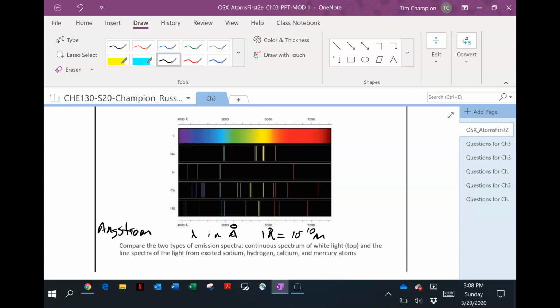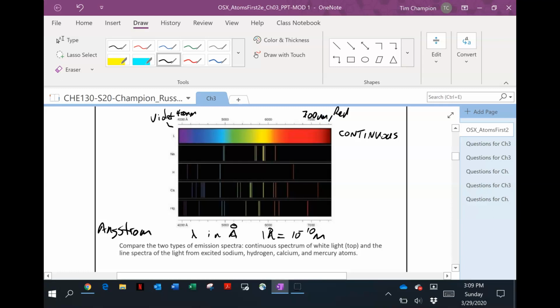All right, so at the top here, what we have is a continuous spectrum. And of course this 4,000 angstroms is 400 nanometers. And you can see this is down on the violet end of the spectrum, and then over here we go to the red end, down around 700 nanometers. So longer wavelength, lower frequency and all.